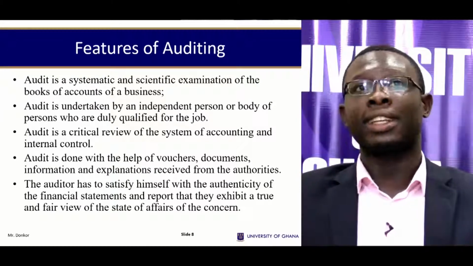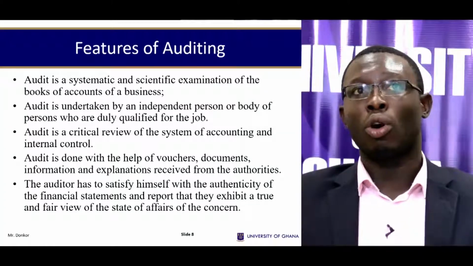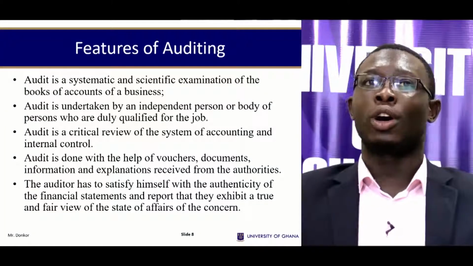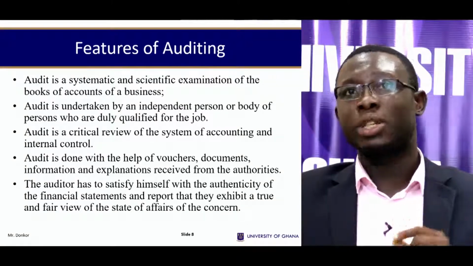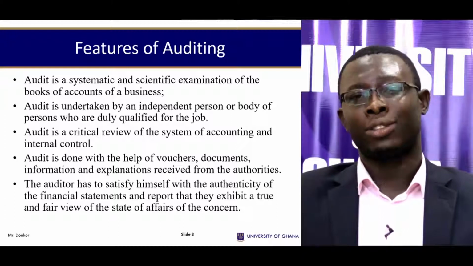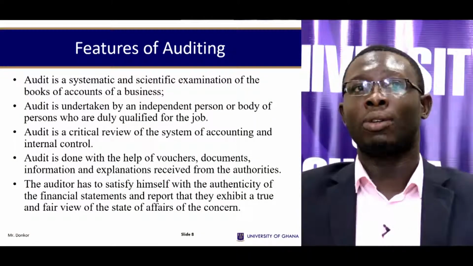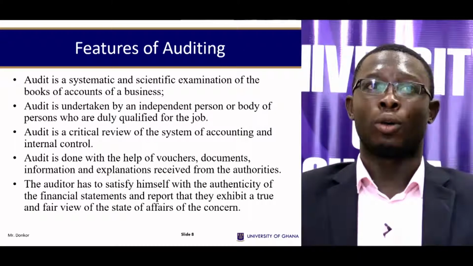Now, what are the features of auditing? First, I did say that it's a systematic and scientific examination of books of accounts of a business. Audit is undertaken by an independent person or body of persons who are duly qualified for the job. Audit is also a critical review of the system of accounting and internal control.